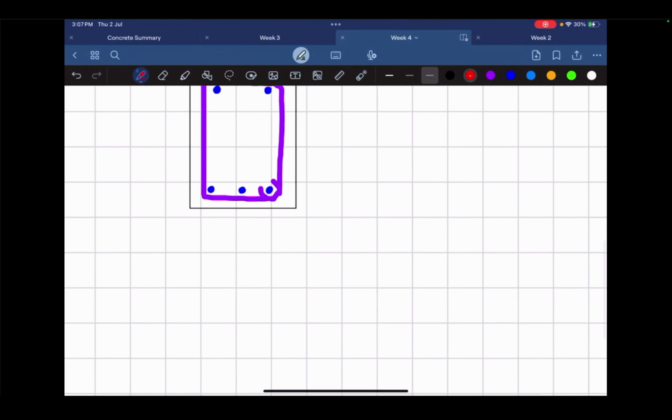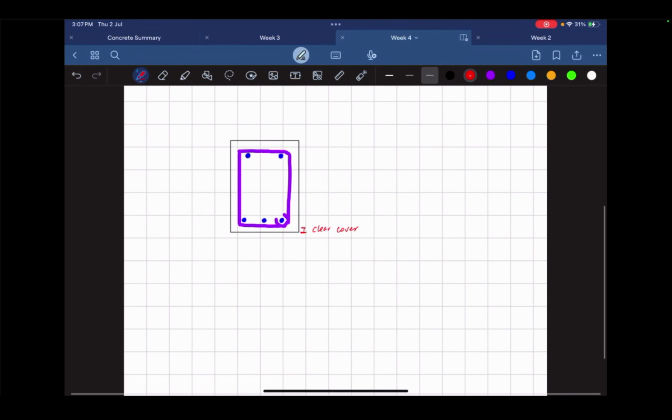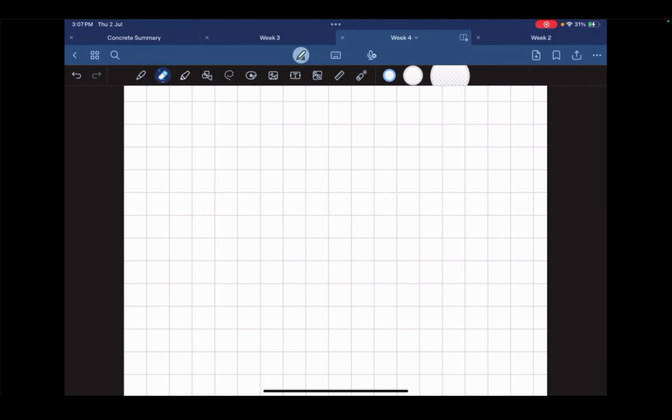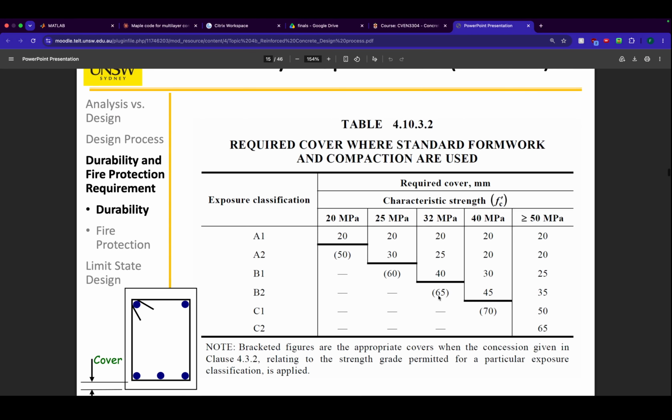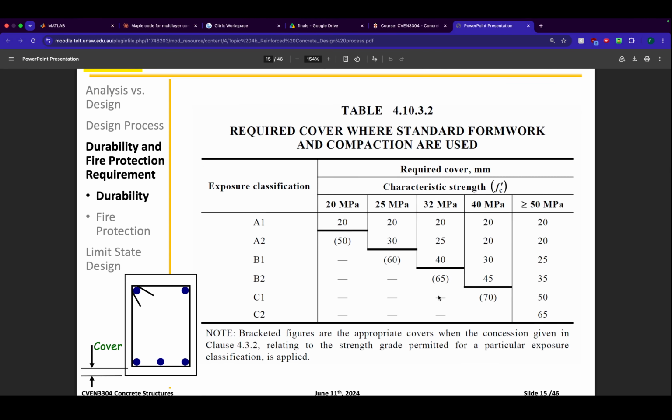The distance between the edge of that to the edge of the concrete block is what we call clear cover. That's to prevent rusting, chemical attacks, all that kind of stuff. That's why we have it. So there's only one cover there. Clear cover is just this distance. It's not the material.